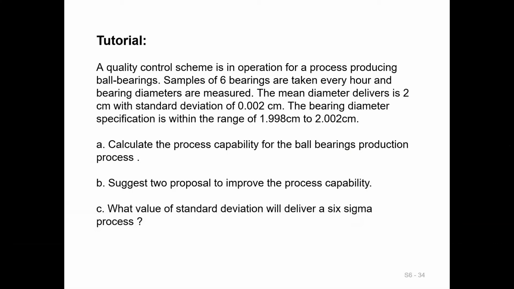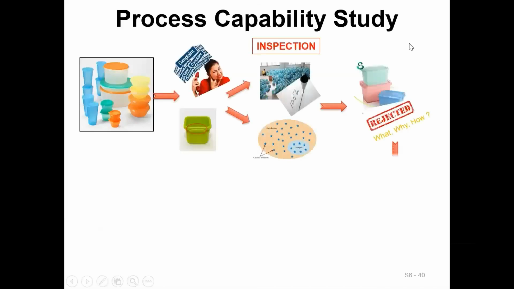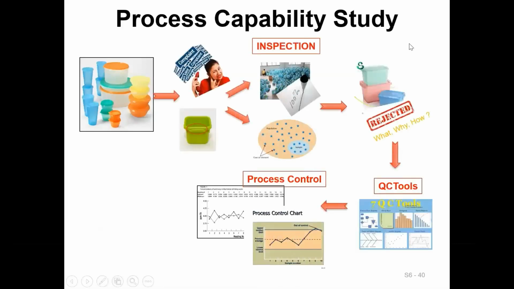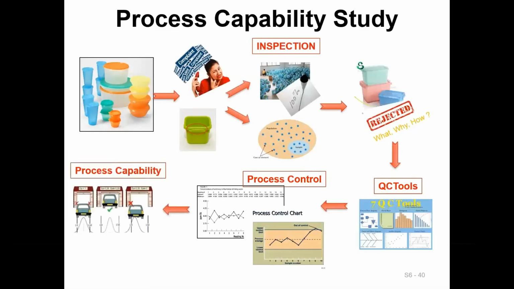The specifications and the sigma, the variation, are given. Sigma is standard deviation, right? If given, you can calculate. Then you can propose how to improve, and what value of standard deviation you need. Okay, I'll let you try first. So by saying so, we have sort of done the topic of process capability.